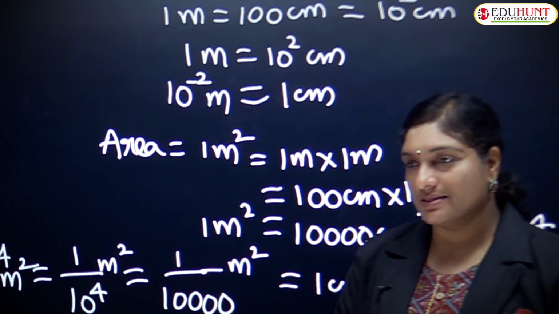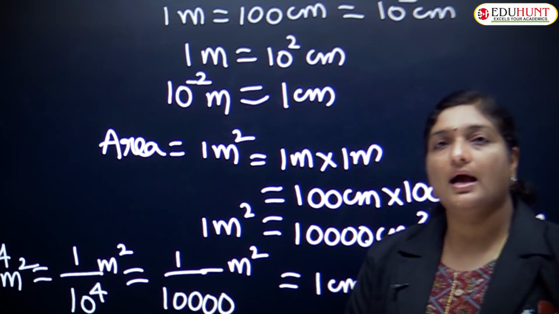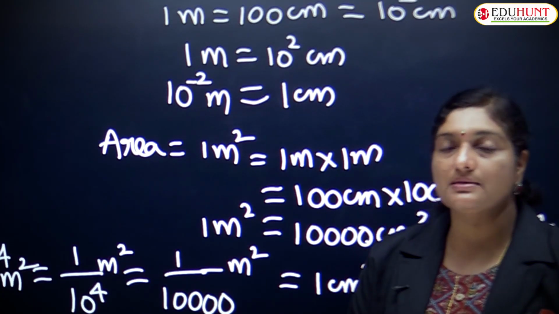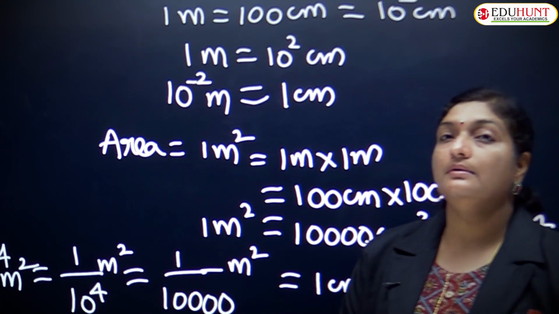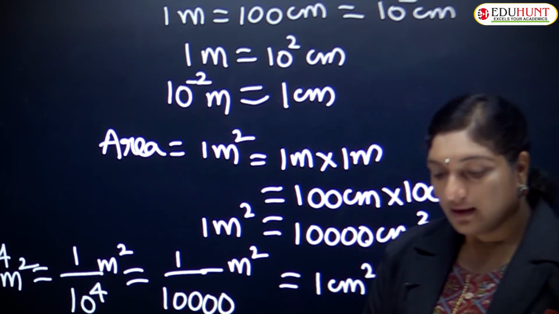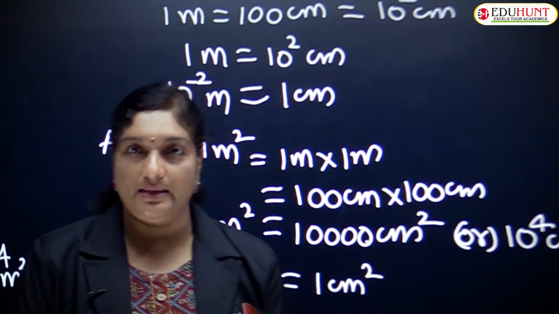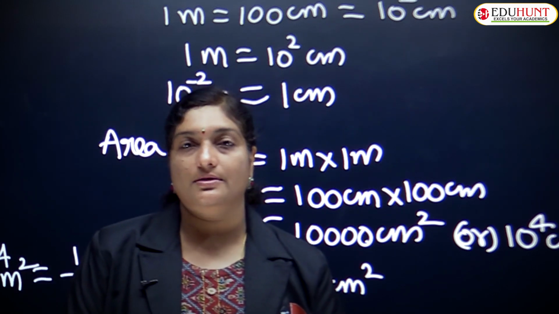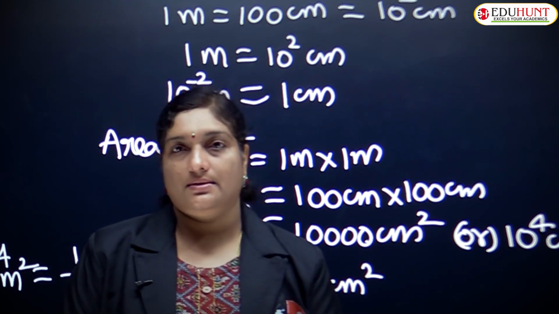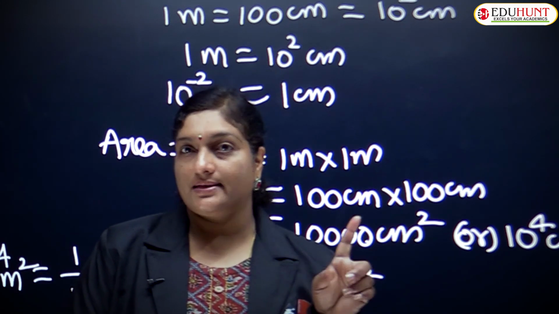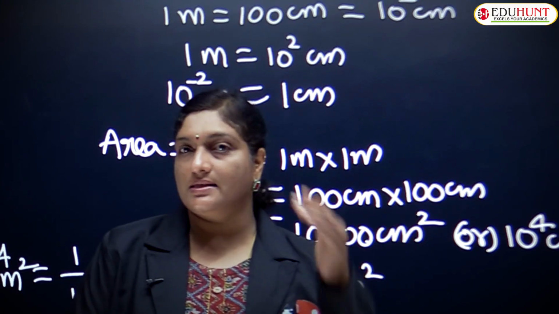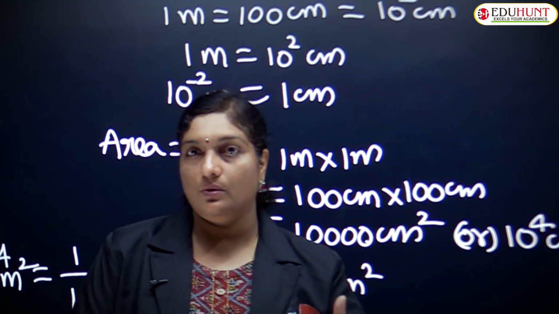Submultiples are the lower values. If you would like to talk about the higher values, that is multiples, you have hectare. You are already familiar with the hectometer. 1 hectometer is equal to 100 meters, or 10 square meters. I have already discussed the prefixes: tera, mega, giga, kilo, hecto.